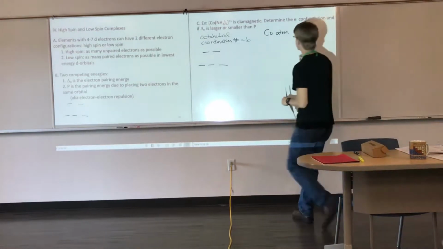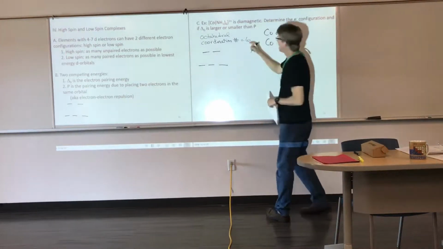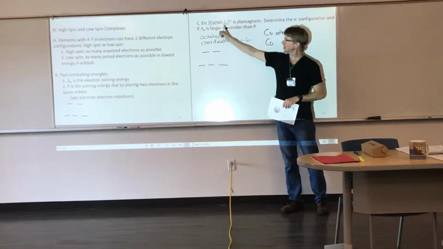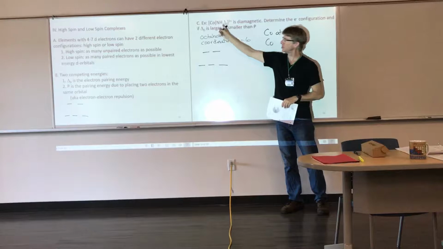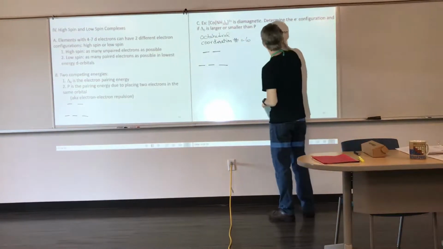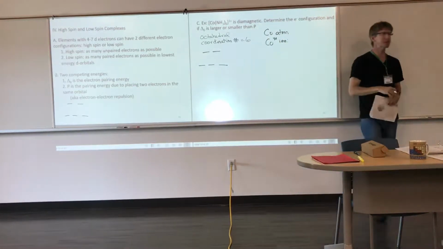This is my process. I can see that there's a 3+ charge here, and that there are 6 neutral ammonia molecules that are the ligands. That means that this 3+ charge is all associated with cobalt. So that's where I get the cobalt 3+.